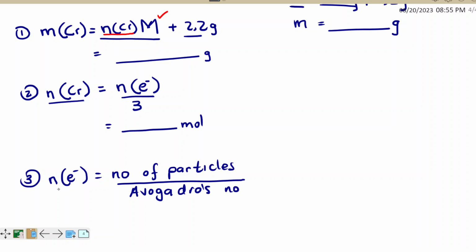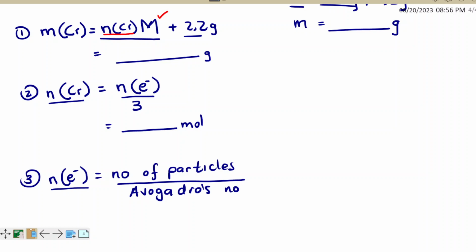So in order for us to get the number of moles of the electron, we need the number of particles of the electron divided by Avogadro's number. But the question is, how to get this number of particles or the number of electrons?